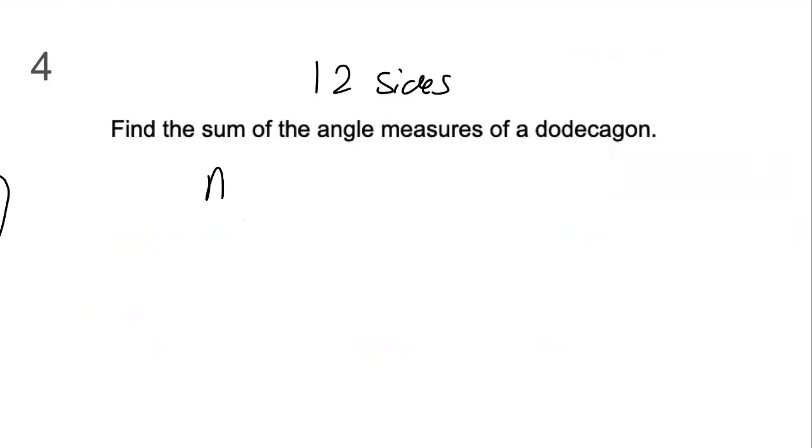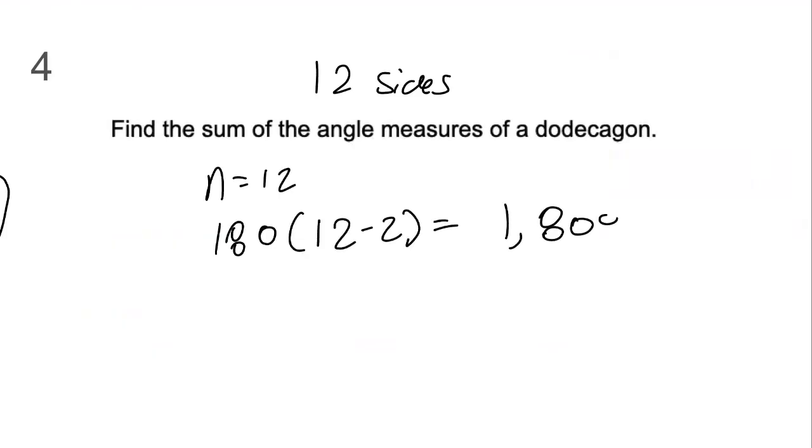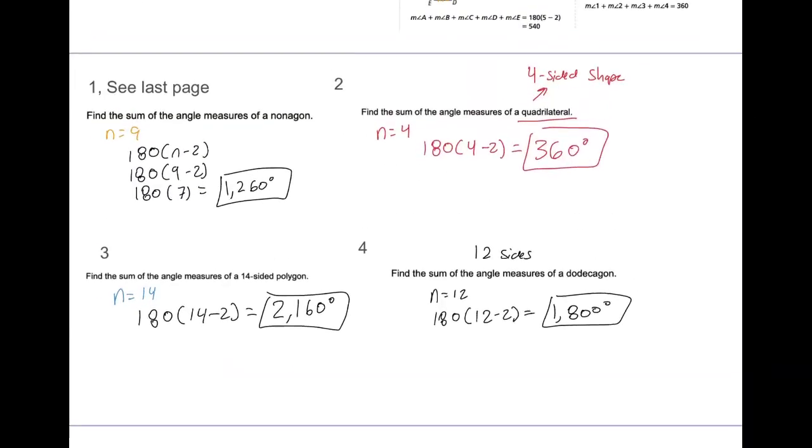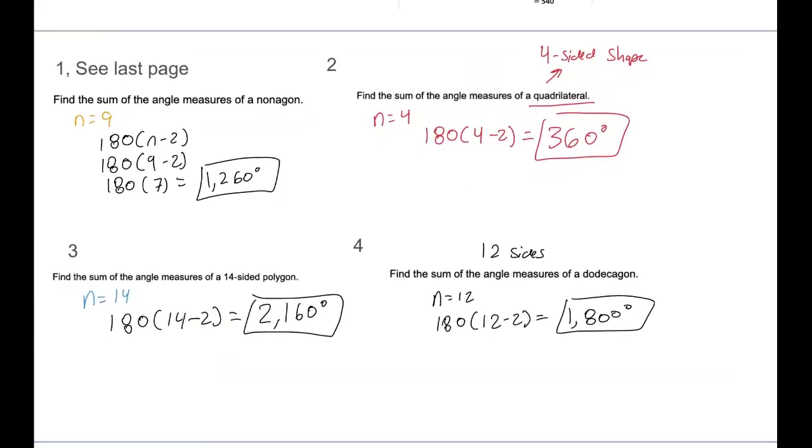All right, so n is equal to 12, 180 times 12 minus 2, which is 1,800. Okay, so 1 through 4 are pretty straightforward. It's not too difficult.